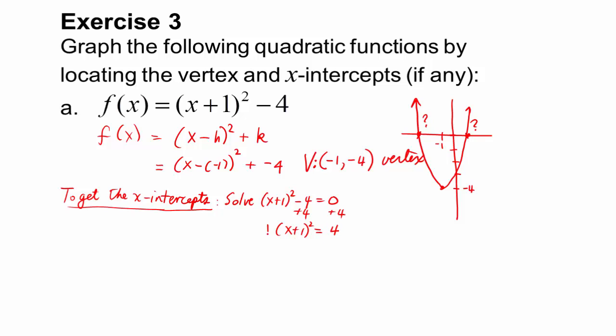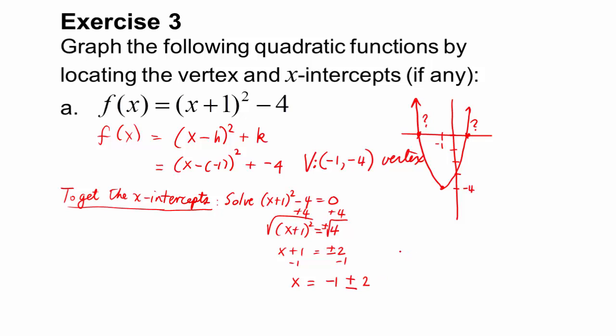And then take the square root of both sides, which means we have to take plus or minus the square root of both sides. You get x plus 1 is equal to plus or minus 2, because the square root of 4 is 2. And then add negative 1 to both sides. So you've got x is equal to negative 1 plus or minus 2.